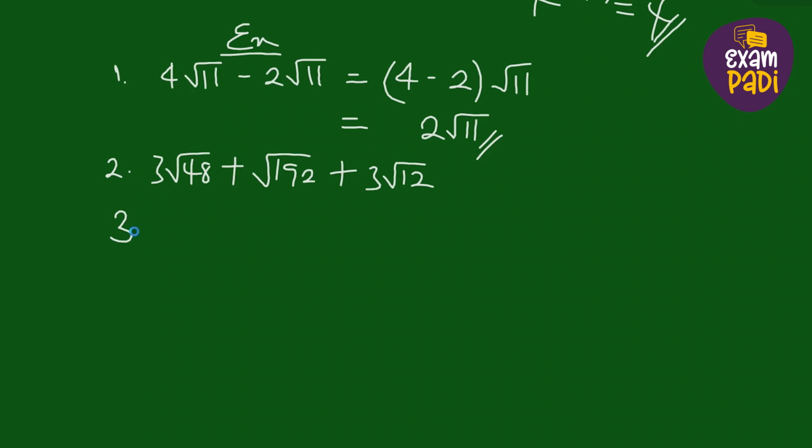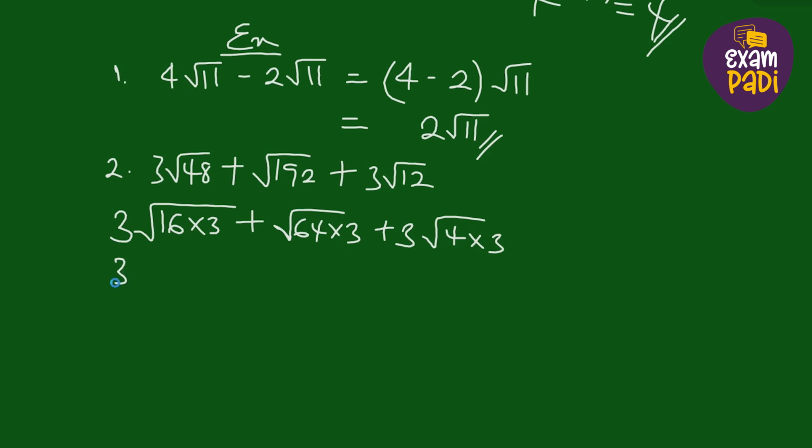For 48, we can have the factors of 48 to be 16 multiplied by 3. For 192, we can have the factor to be 64 multiplied by 3. While for 12, we can have the factor to be 4 times 3.